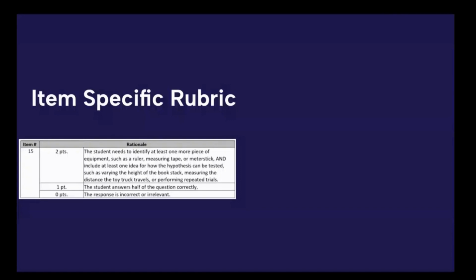Students will receive 1 point if the student answers half of the question correctly, and students will receive 0 points if the response is incorrect or irrelevant.